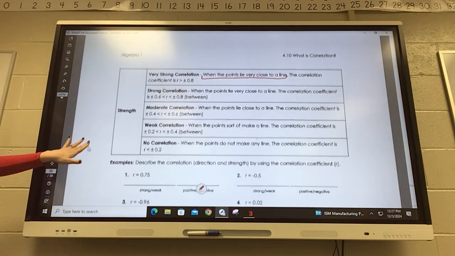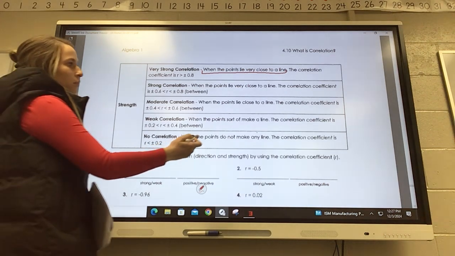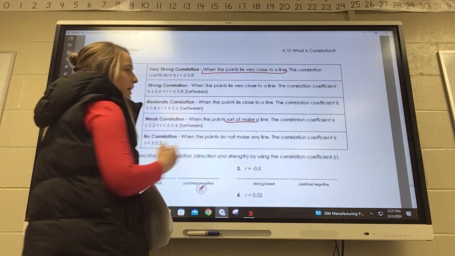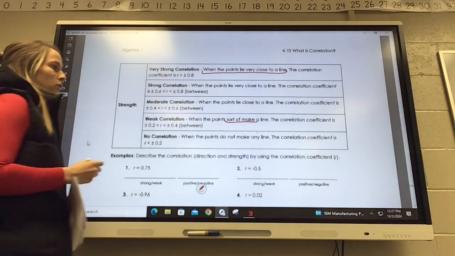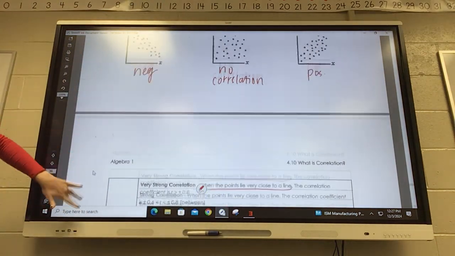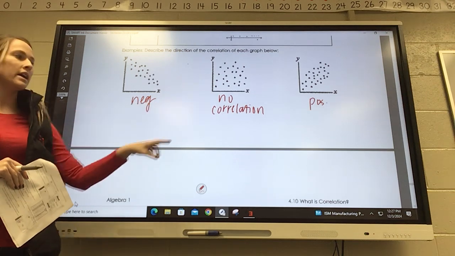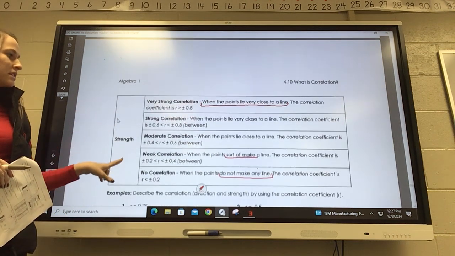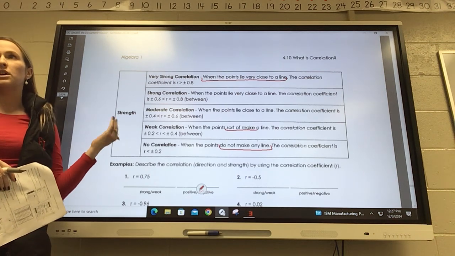Versus if you have a weak correlation, your points kind of maybe make a line, but it's harder to tell. So when your points sort of make that line, it's just really spread out. Or if you have no correlation, the points kind of don't really make the line. It was this picture right here where I don't really see a line, do you? Okay, so again, weak is like you can kind of see it, it's just really spread out. No correlation, you can't really tell.